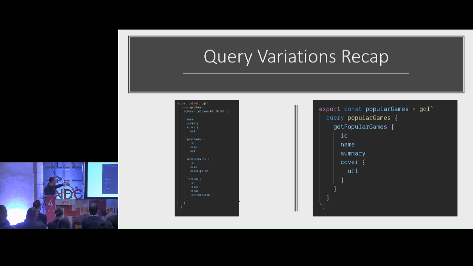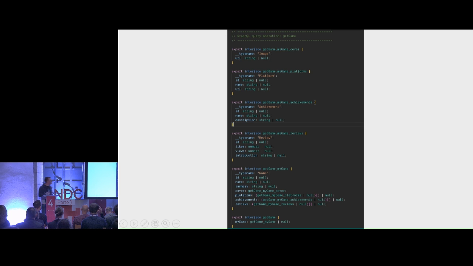So remember, we have these 2 queries, and the great thing about GraphQL, obviously, when we talked about the bit about the over and under fetching, is that you can have large queries that return a lot of data. So it ends up looking like this once it's all generated. And I don't know about you, but I do not want to write that.